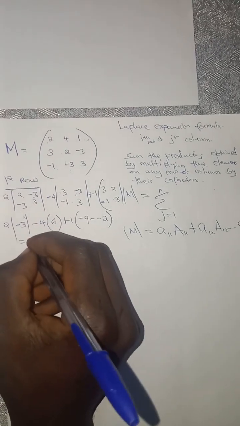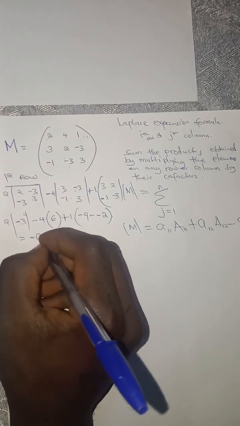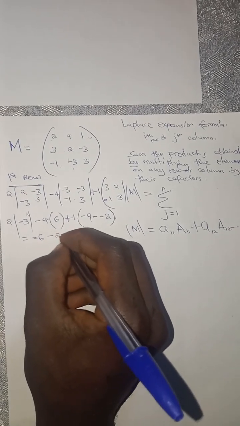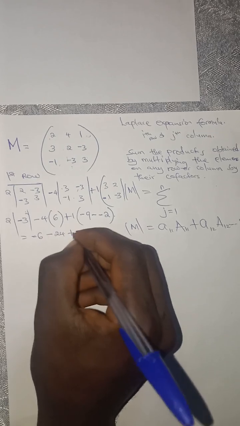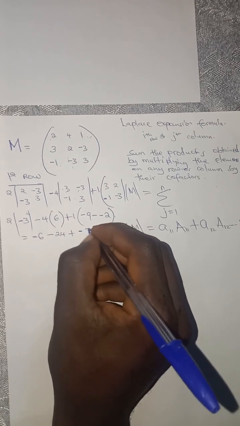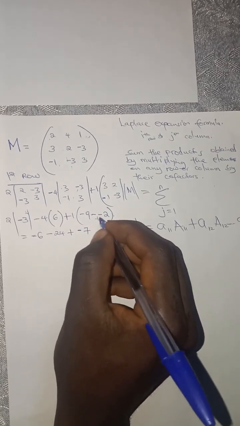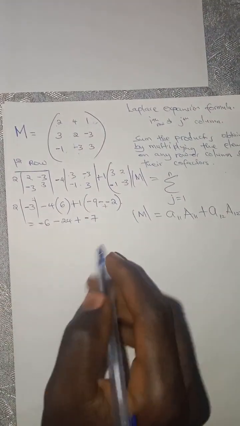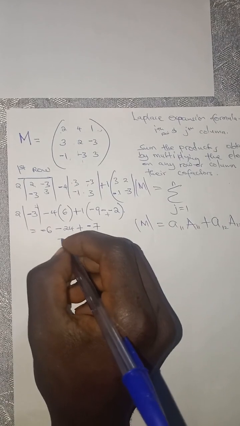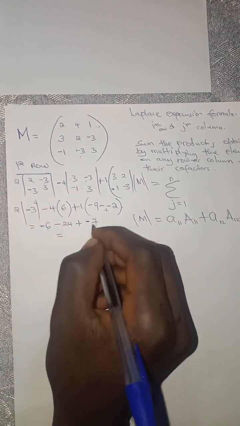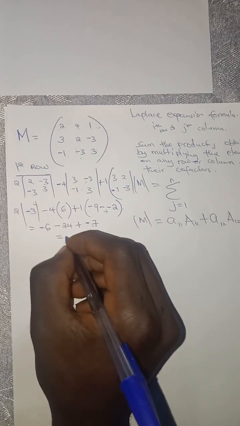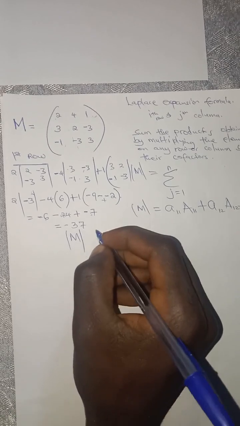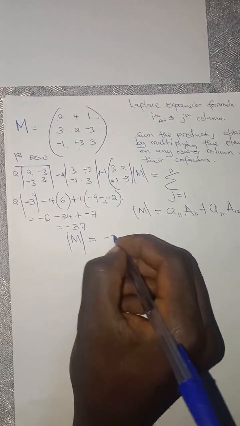So we have 2 multiplied by -3 is -6, minus 24, plus -11, which gives -37. The determinant of M, denoted as |M|, equals negative 37.